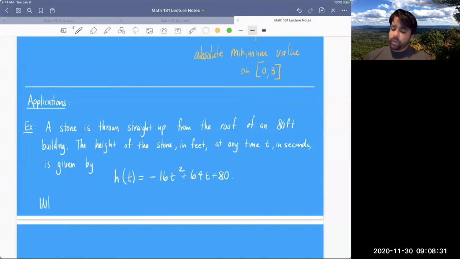And the question is, what is the maximum height that the stone reaches?